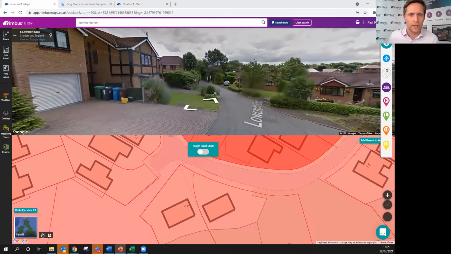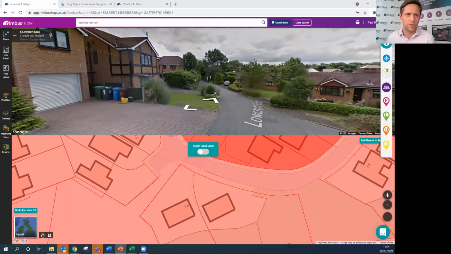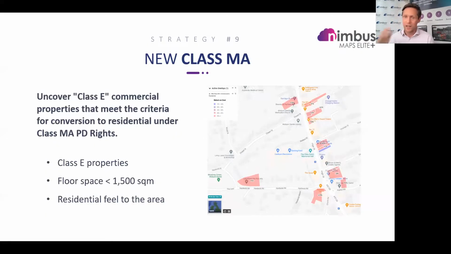So let me just jump back into my slides briefly, to let you all know there is a new Class MA strategy that's been launched literally this week. What that Class MA strategy does is help find opportunities for the new Class E conversions into residential.